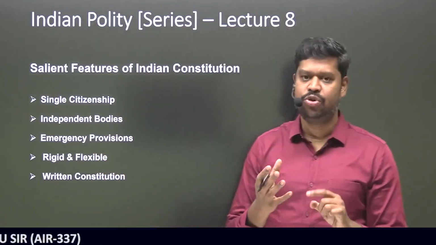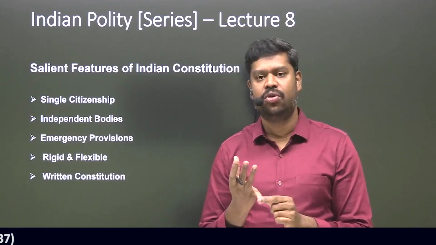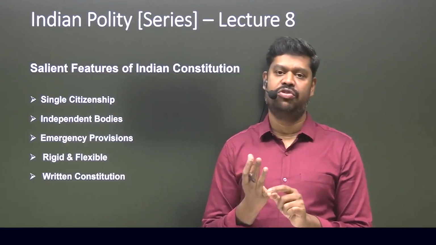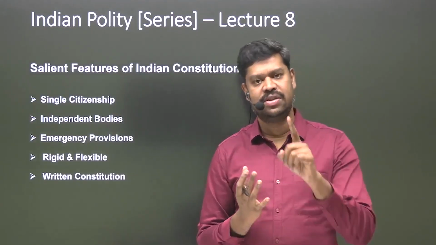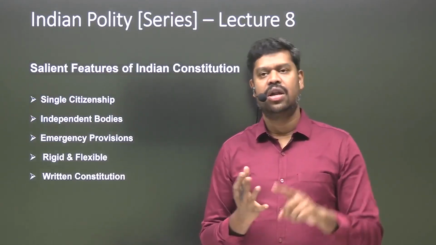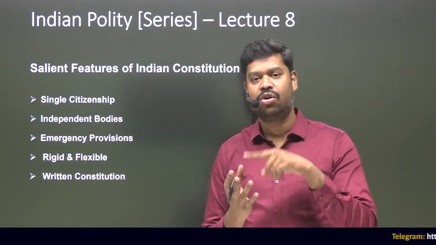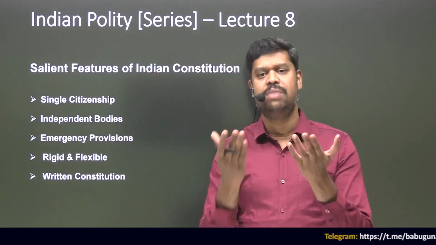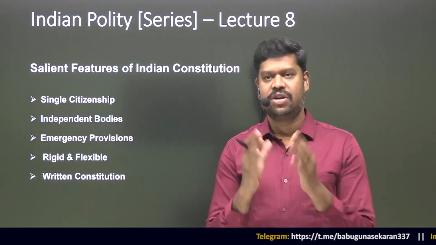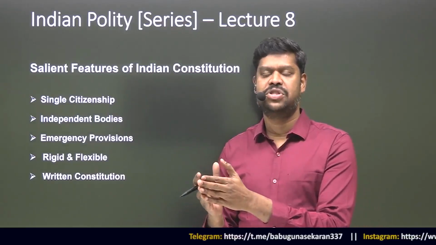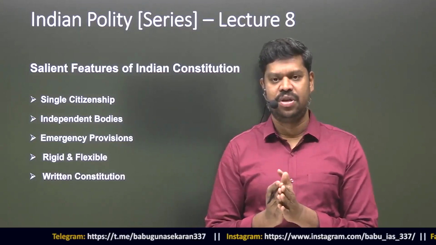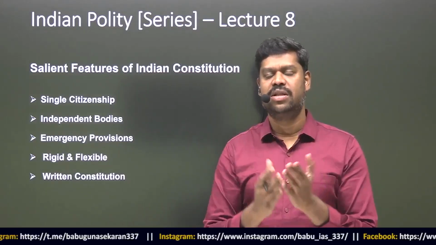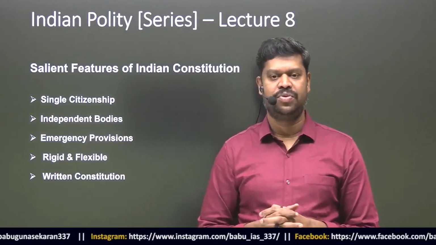Say, for example, today we have an independent constitutional body called the Election Commission of India, under Article 324, which is to ensure free and fair elections. Under the Constitution of India, we have an independent constitutional body called the Union Public Service Commission. In fact, students appearing for the UPSC examination, their examination is conducted by the Union Public Service Commission, which is established under Article 315 of the Constitution.